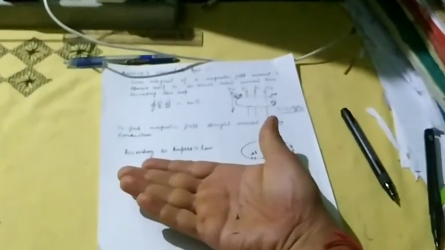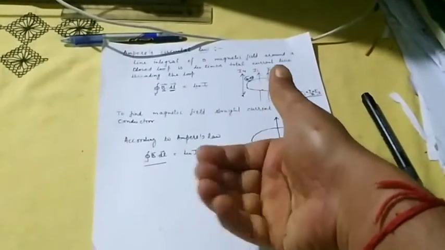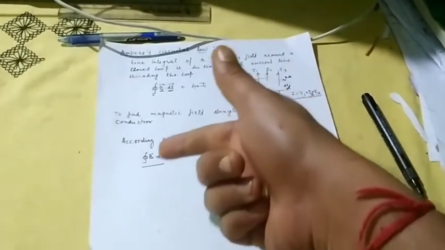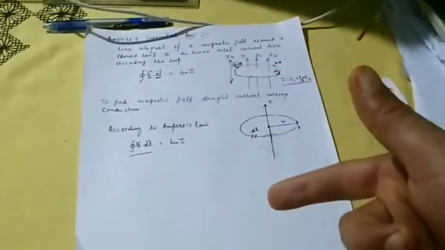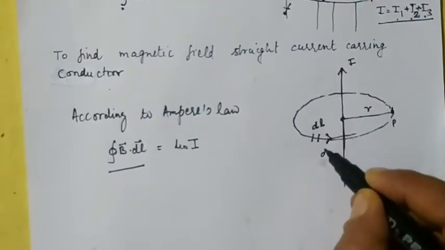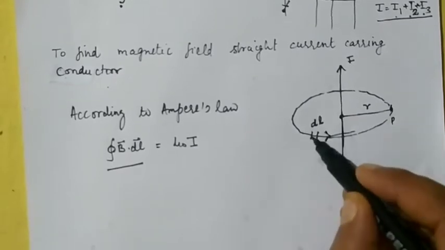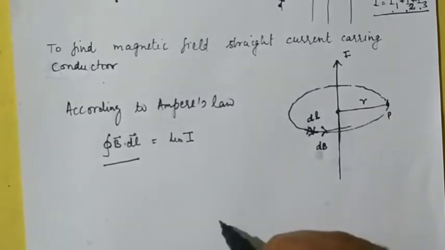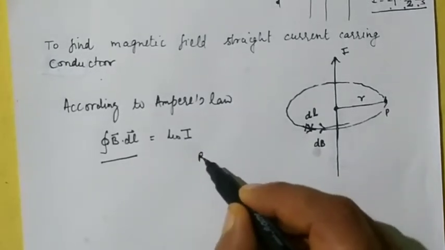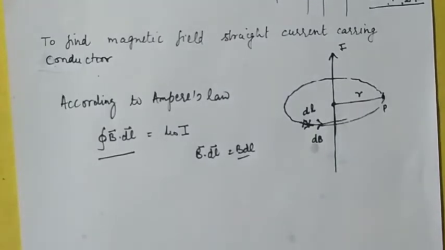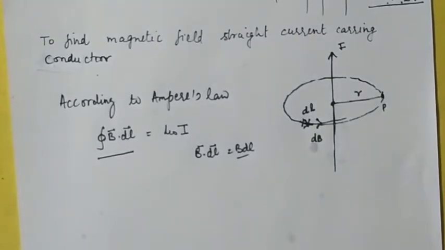So the direction of the magnetic field is along this direction, and we know dl is also along this direction. So both are in the same direction, so we can say that B dot dl is equal to B dl because cos 0 is 1.